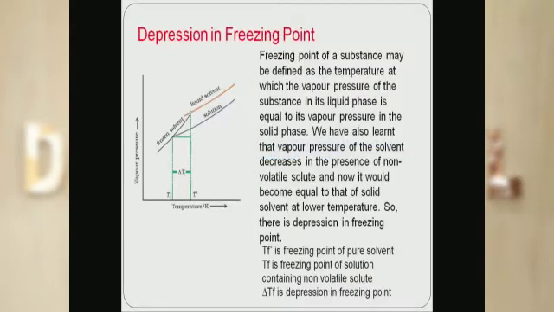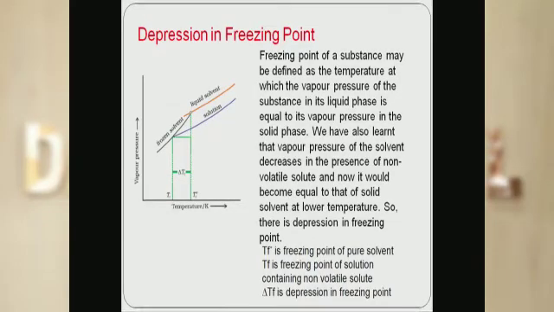Now, the next colligative property is depression in freezing point. You know the definition of freezing point as the temperature at which vapor pressure of the solid component becomes equal to that of the liquid component. Here also you can see from the graph there is a point TF naught where the vapor pressure of frozen solvent becomes equal to that of liquid solvent.